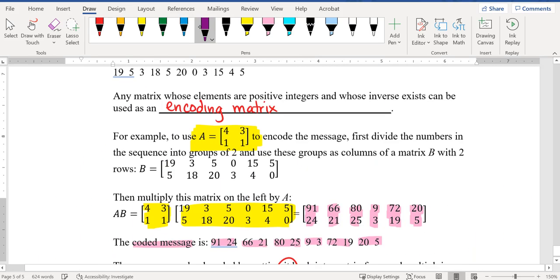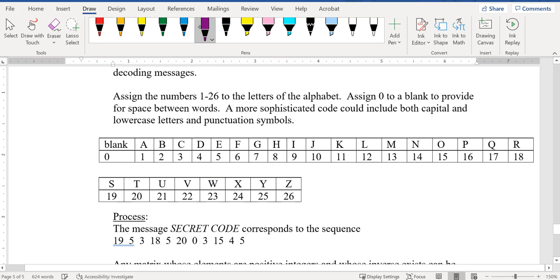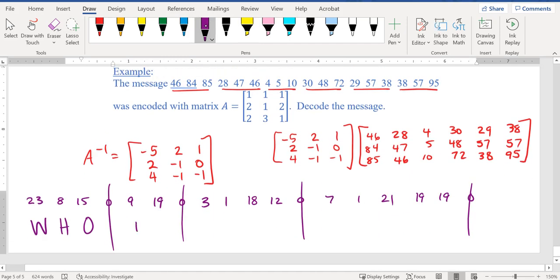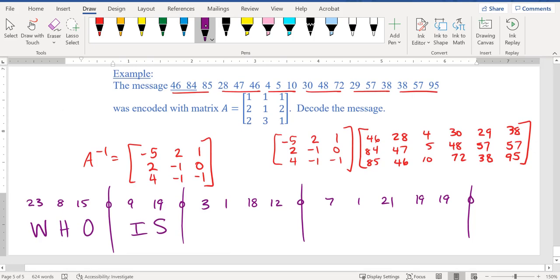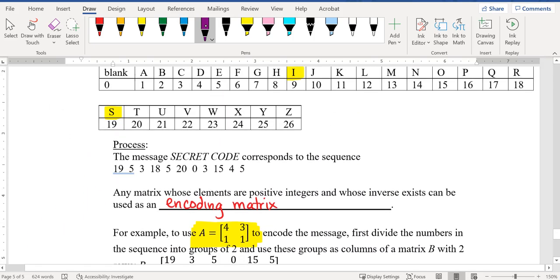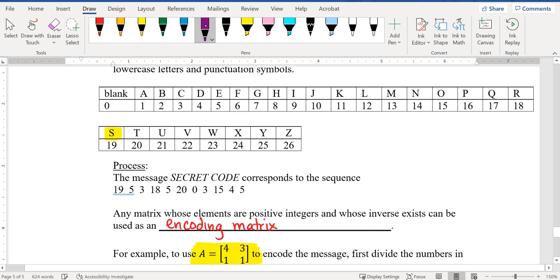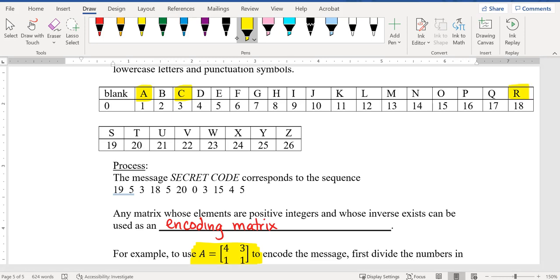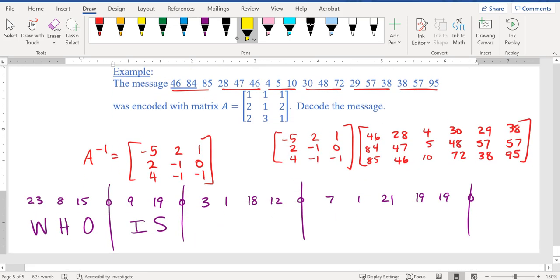Then 9, 19. Is. Then 3, 1, 18, 12. That's C-A-R-L.